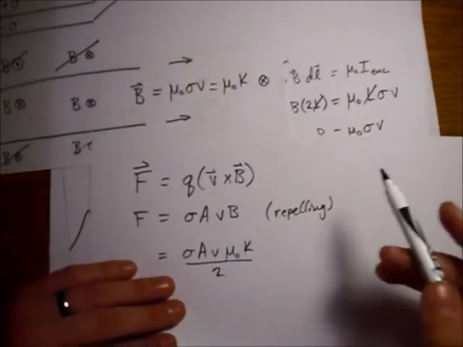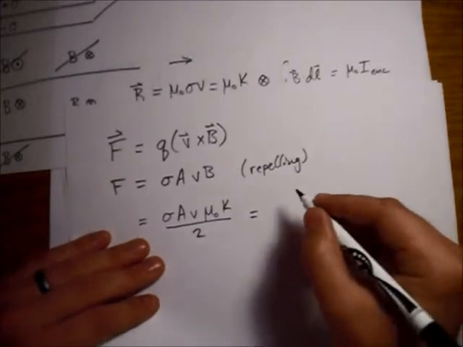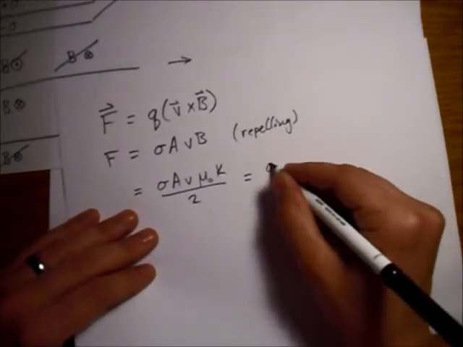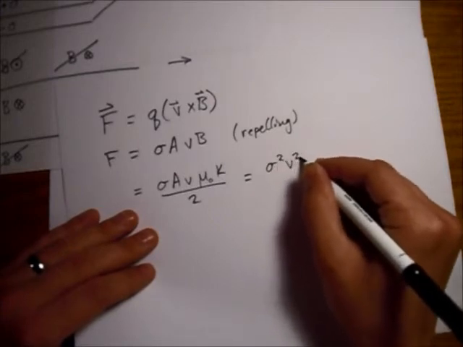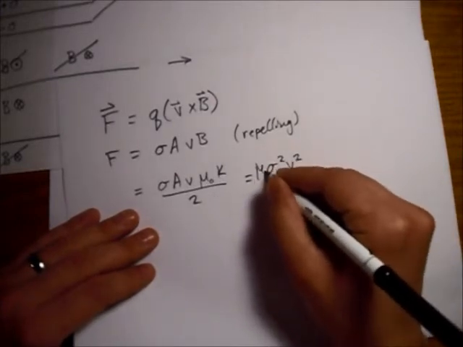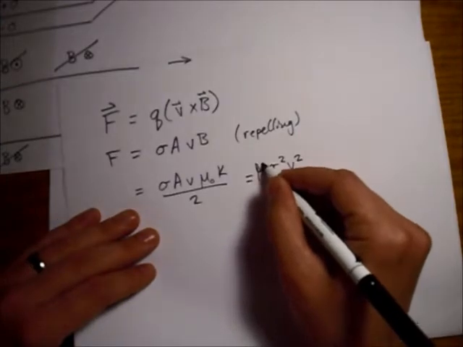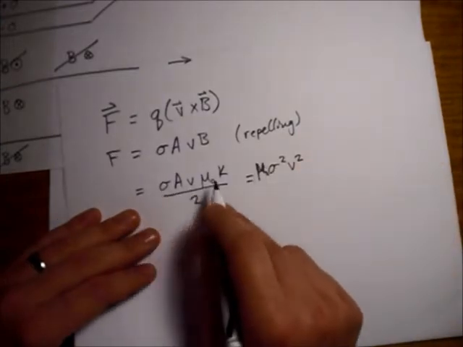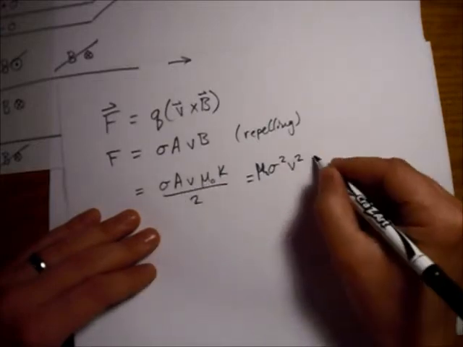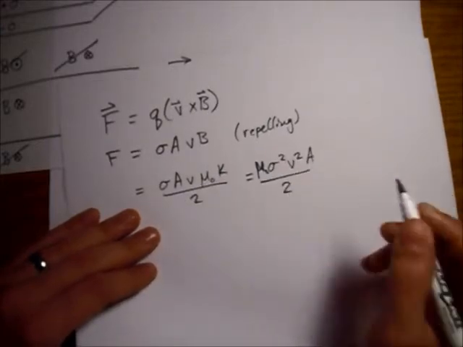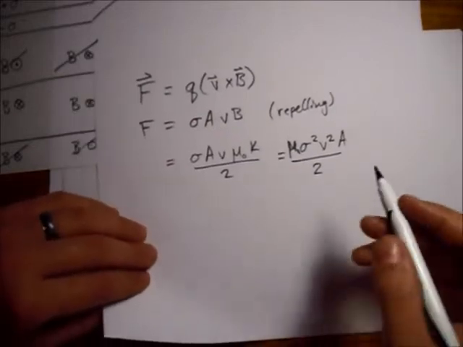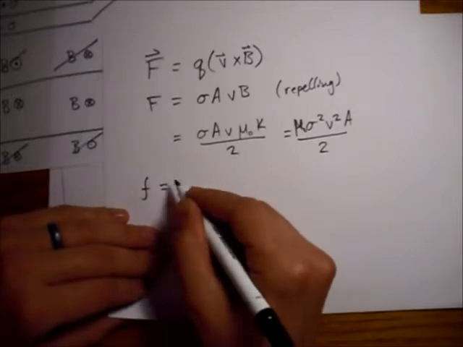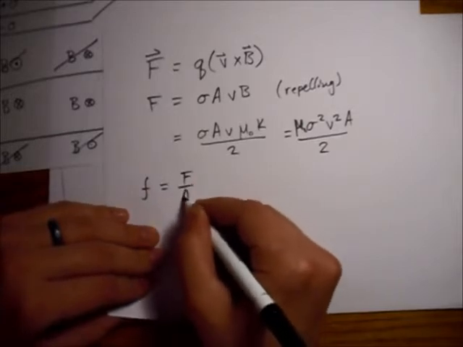Okay, and we could express this, let's just write both forms, because k was sigma V, so a sigma squared V squared with a mu naught A over 2. That's another way of writing it. So let's go ahead and write little f is equal to the force per area.